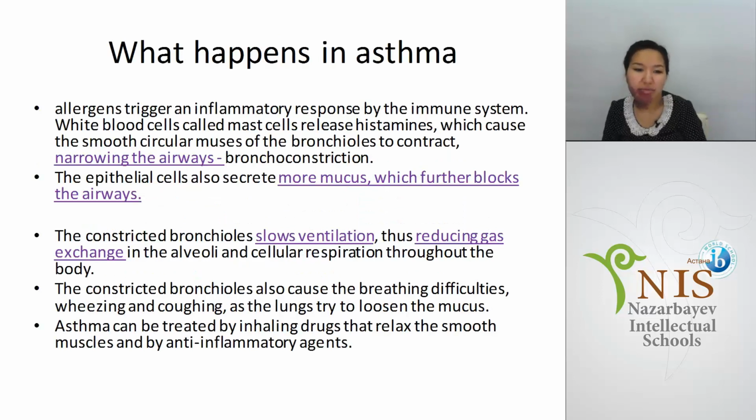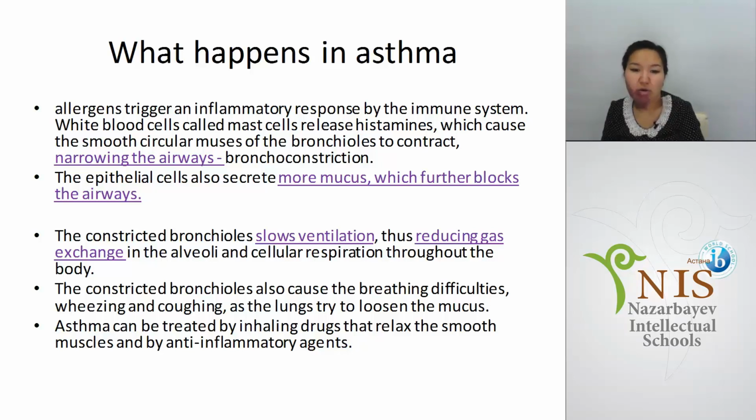What happens in asthma? Allergens trigger an inflammatory response by the immune system. White blood cells called mast cells release histamines, which cause the smooth circular muscle of the bronchioles to contract, narrowing the airways: bronchial contraction.